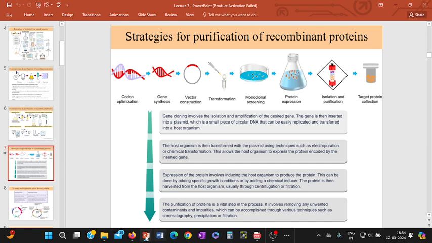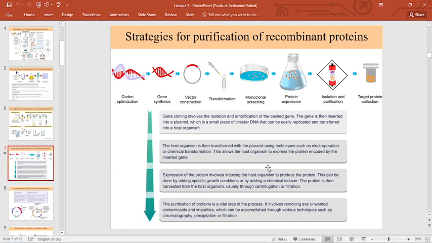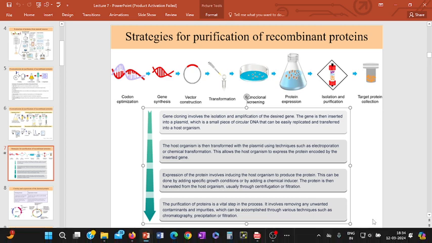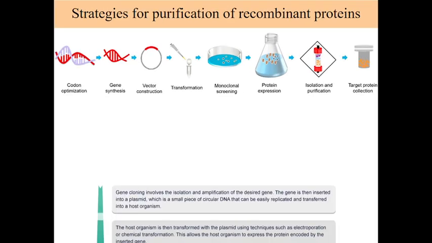So induction, yes, we will learn about induction very soon. For induction we are going to add a specific chemical which is going to make the host organism make this protein. This can be done by adding specific growth conditions or by adding a chemical inducer, which is often IPTG, right?